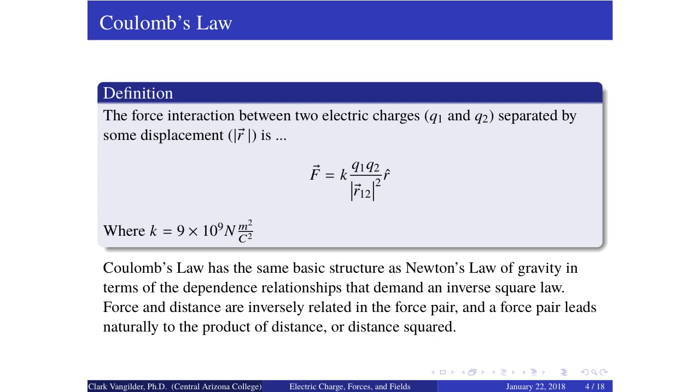All right. This is the full-on vector definition of Coulomb's law. We were just looking at it in its easier magnitude-only form. But let me point out this right here, this is the magnitude part.